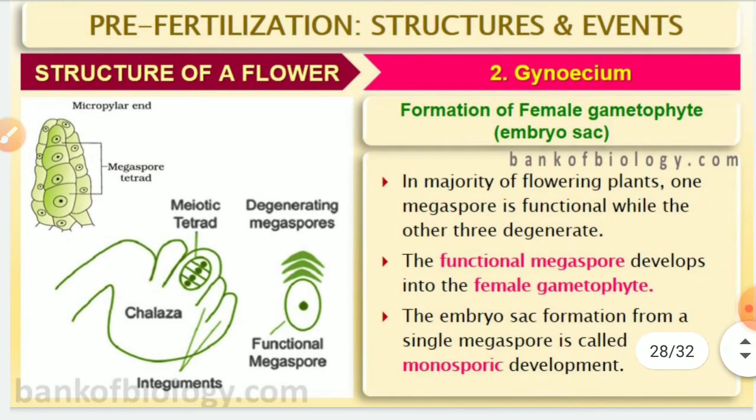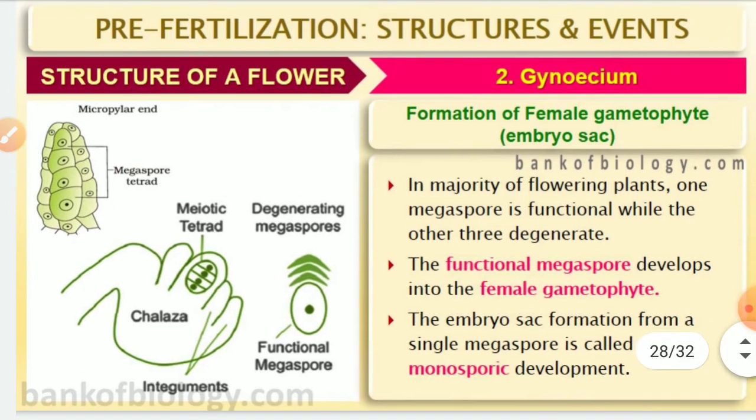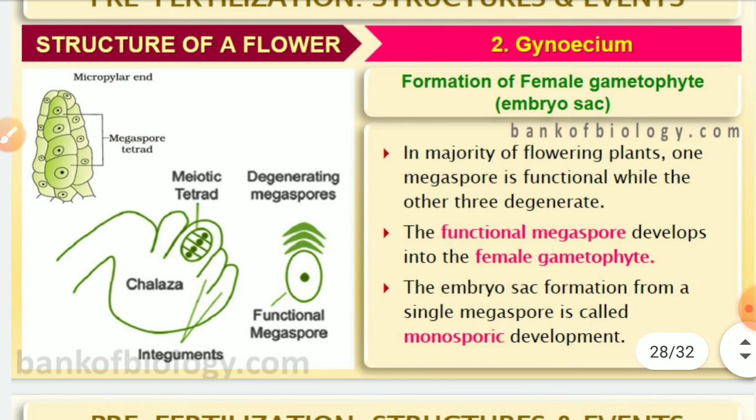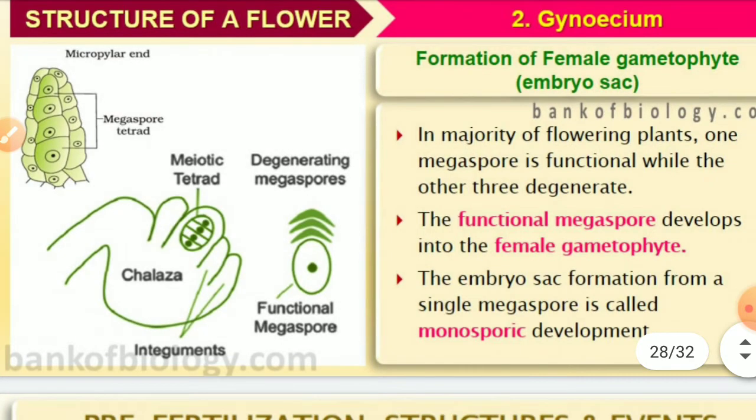Now, formation of the female gametophyte or embryo sac. How is this embryo sac being produced? In the majority of flowering plants, one megaspore is functional while the other three degenerate. Just now we had seen that a megaspore tetrad is being formed, and from this tetrad, only one is the functional one, while the three others will degenerate.